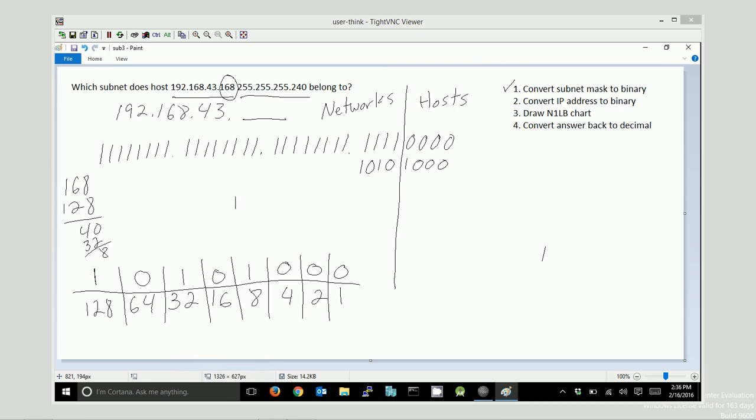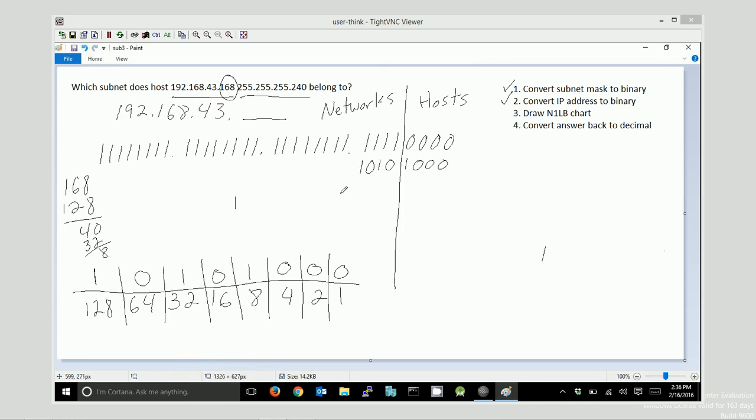Something you'll need to understand about my method is that I use a visual representation of how this works. I like to think of subnets like bookends. There's always one bookend on one side and another bookend on the other side holding the network together. Those bookends, in my case, are my network ID and my broadcast address, and everything between those bookends are my usable hosts.